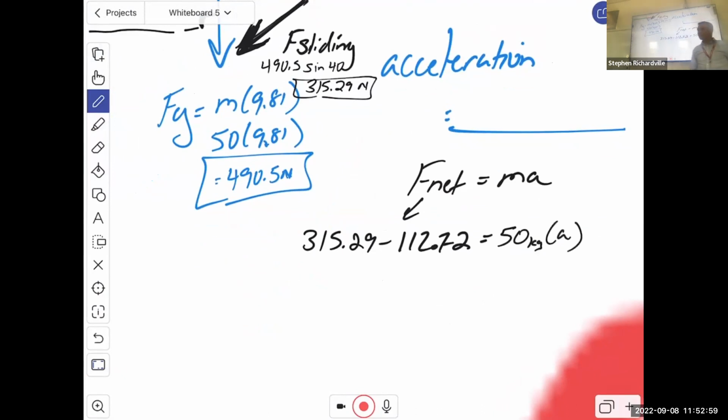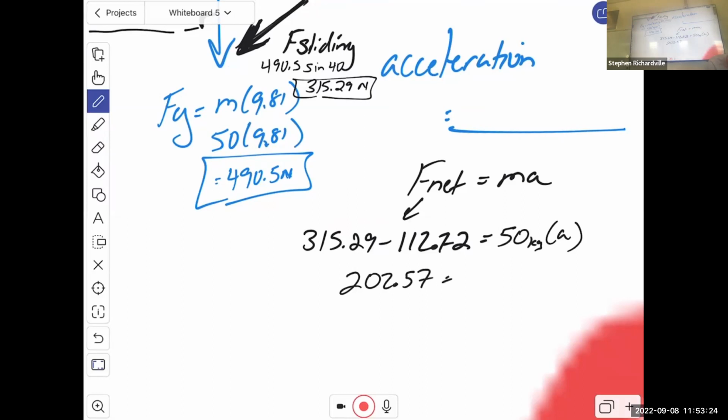So this is really what I'm trying to accomplish. I just want to do F equals ma. But the only force I knew originally was 490. 490 is not making it go. How much is making it go? 315. How much is opposing? 112. The net force is 202.57.